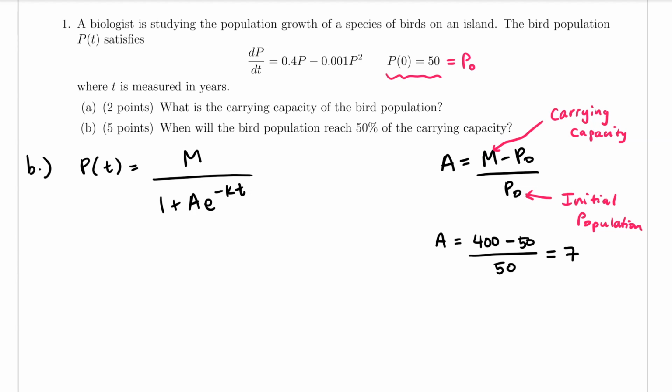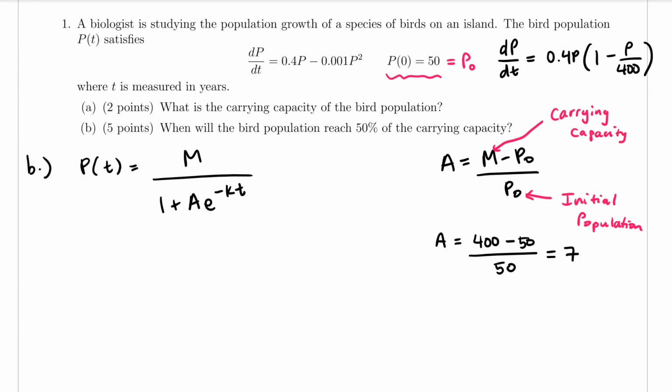Now, earlier we rewrote our differential equation. I'm just going to copy that down again really quickly. We found that dP/dt was 0.4P times 1 minus P over 400. So that was our differential equation when we rewrote it.